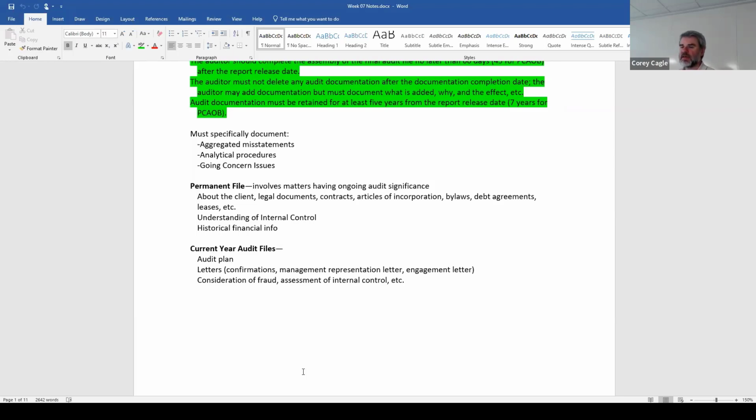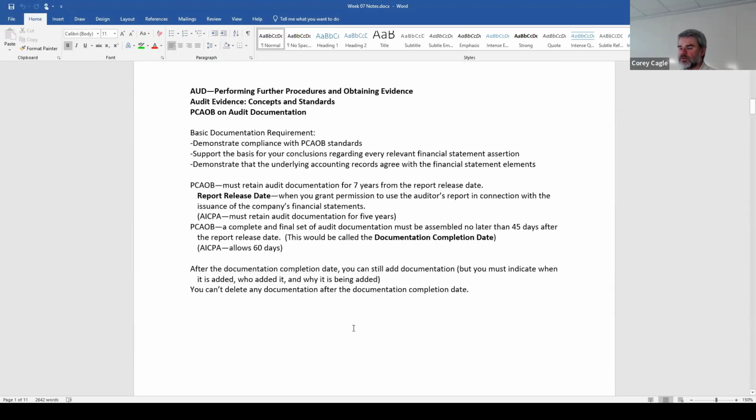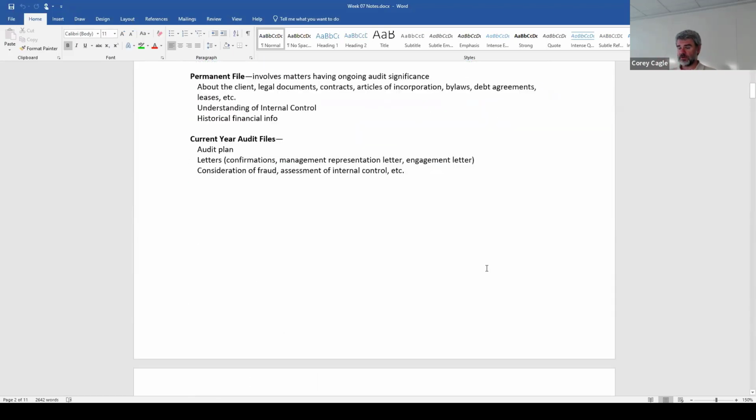So PCAOB on audit documentation, I put some more notes there, but let me just nutshell this. It's pretty much the same as the AICPA for our purposes anyway. The big differences are stuff I mentioned in this page up here.